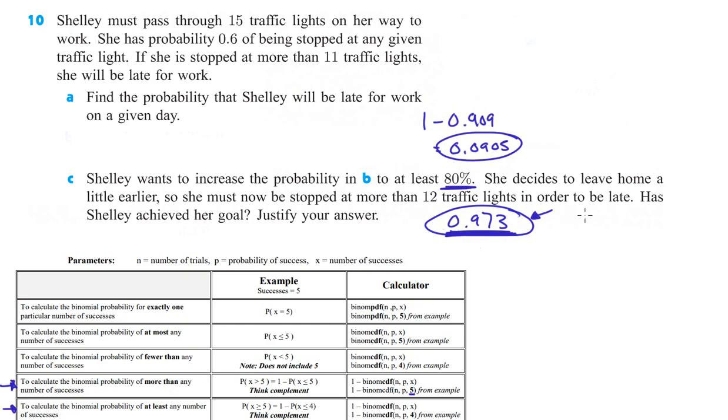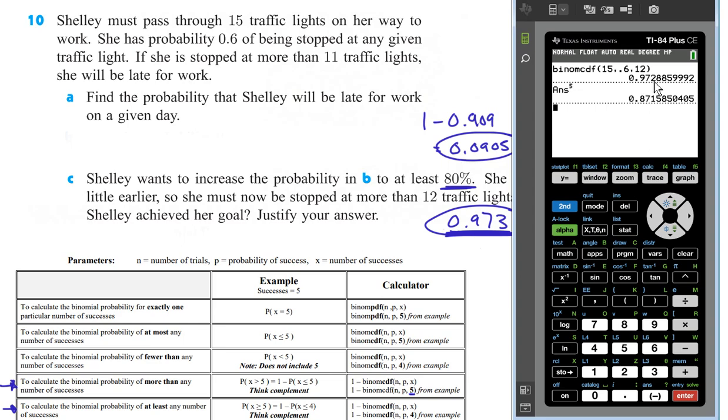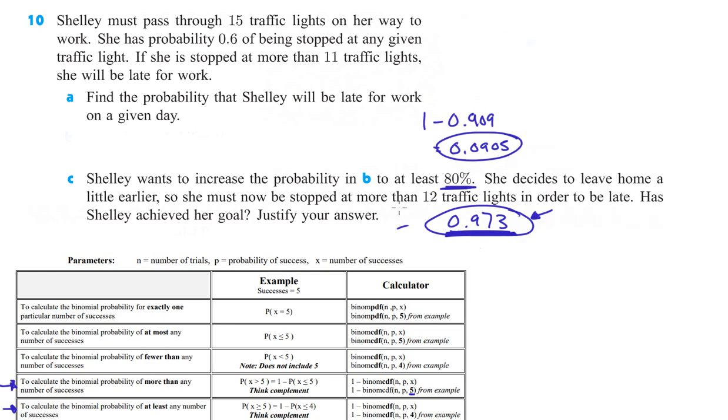But I'm not seeing anywhere in here where it says anything about being late for work at all during the week. If we take that 0.9782 and raise it to the 5th power, meaning she's got to do that all 5 days, that's where we get 0.872. So that's where they must have come up with their answer. But again, it doesn't say anywhere in here that it's for an entire week, so I'm still sticking with this one.